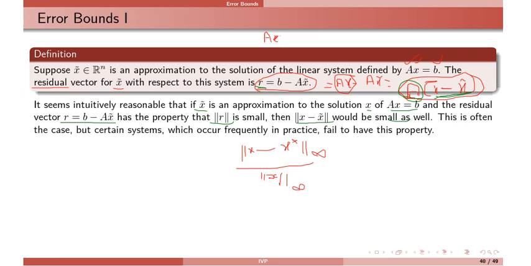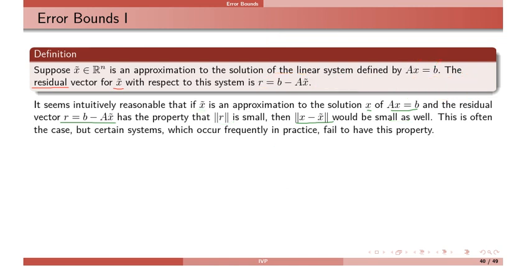But we will see in the next example that this does not happen for all matrices. For some matrices R is small, so is the error. But for some matrices R is small but the error is bigger.